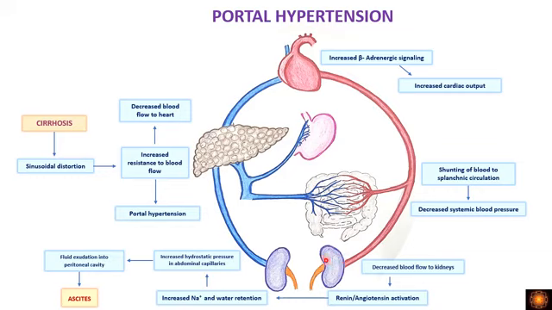When there is a decreased flow to the kidney, as a reflex mechanism, there will be activation of the renin-angiotensin system, and there will be more retention of the sodium and the water. Now this increases the hydrostatic pressure, and again in the abdominal vessels we have more hydrostatic pressure, so that fluid exudes out into the peritoneal cavity, which causes the ascites.